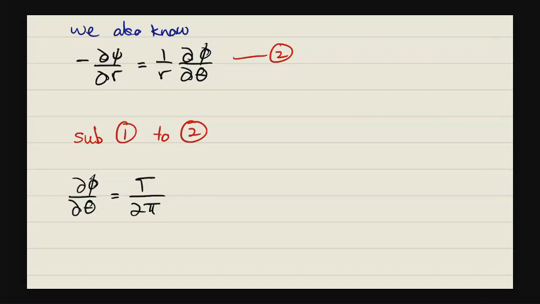Right? Everyone agree? Okay, and the easy part is then just integrating it so that I find phi. So phi is therefore just going to be equal to gamma theta over 2 pi.